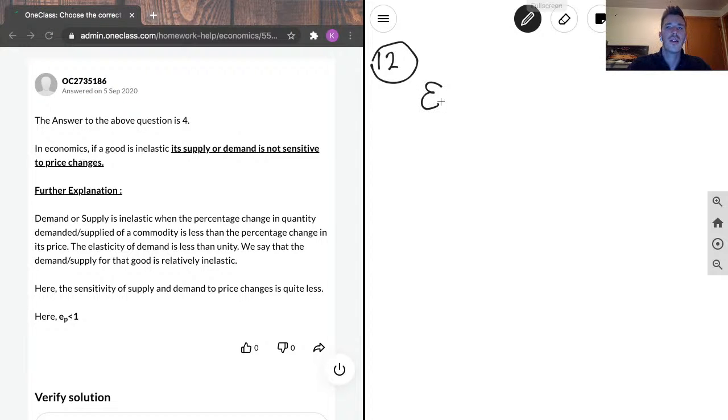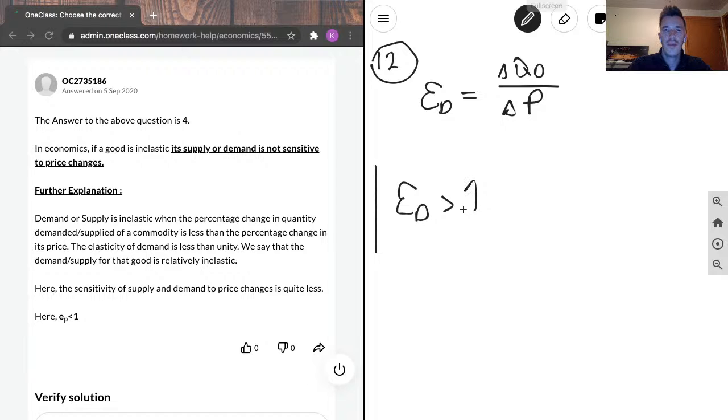So loosely, elasticity of demand is going to be the change in quantity demanded divided by the change in price. And there are essentially 3 kinds of elasticity.